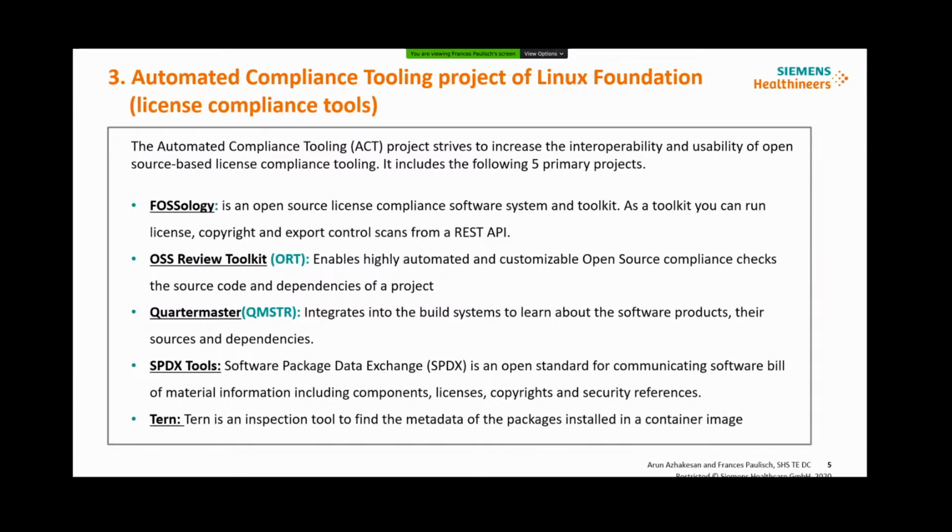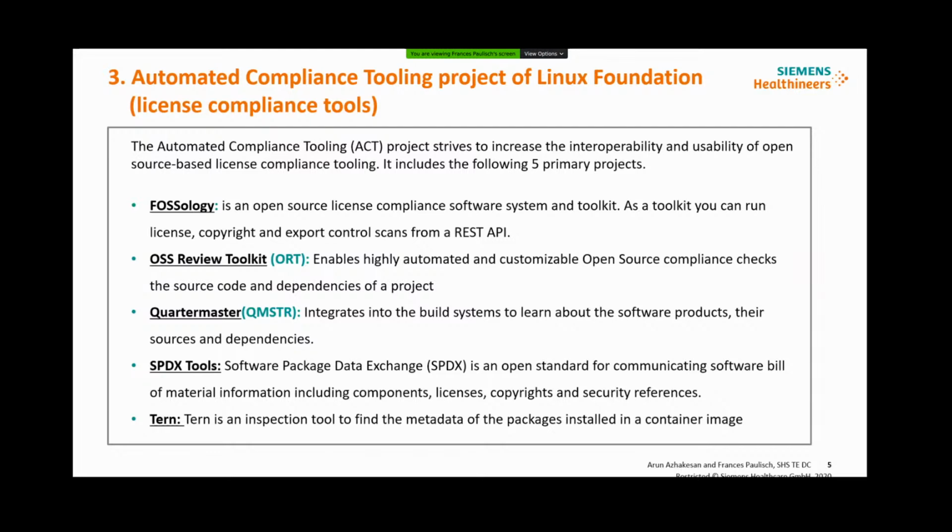Often you have a whole set of transitive dependencies in modern software systems that you need to recognize and be able to handle. Quartermaster is also an important tool in this space. And finally, the project Tern, which is especially good at handling containers.